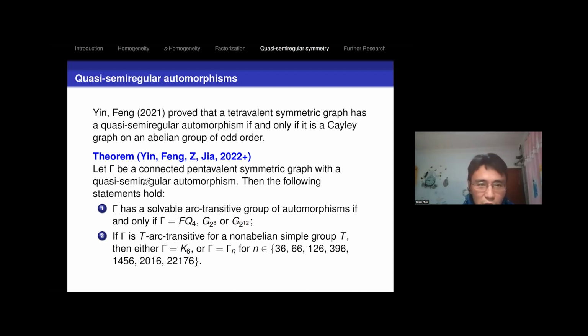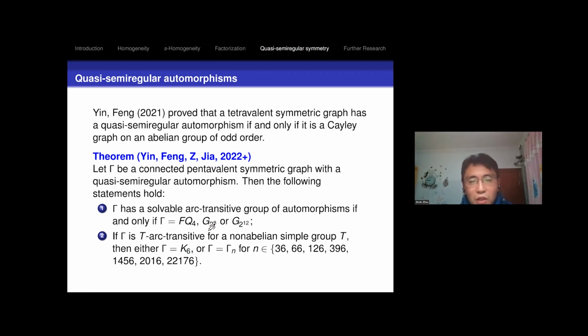We have such a result. Let gamma be a connected pentavalent symmetric graph with a Cauchy semi-regular automorphism, then the following statements hold. First, gamma has a solvable arc-transitive group of automorphisms if and only if gamma is one of these three graphs.